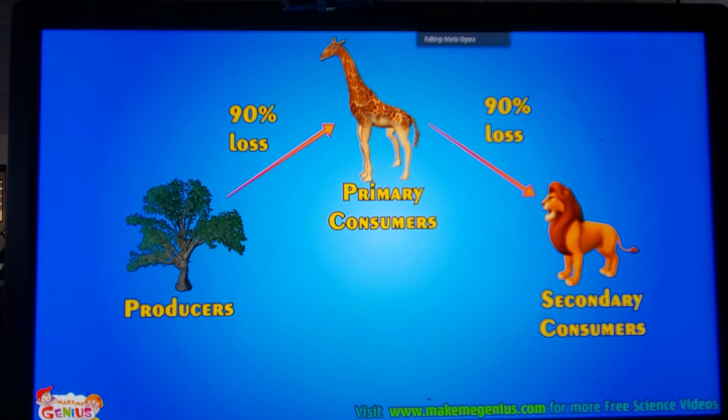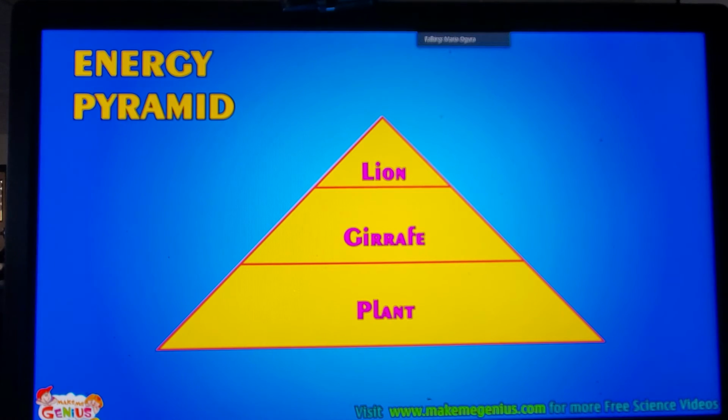The answer is no. Actually, 90% of the energy is lost when it passes from one part of the chain to the other. Like 90% of the energy is lost when the giraffe eats the plant. Similarly, 90% of the energy is lost between the lion and the giraffe. Look at this pyramid. It is called an energy pyramid. This shows that the energy available becomes less and less as we move to the top of the food chain.